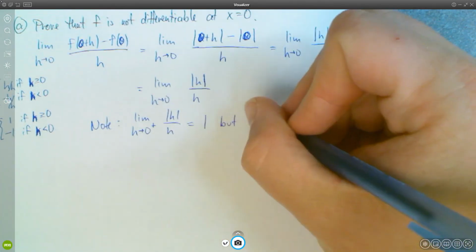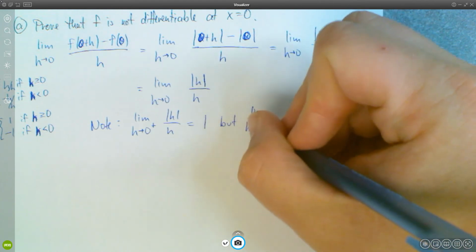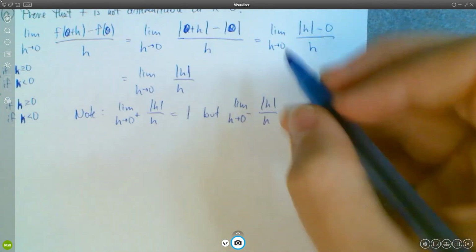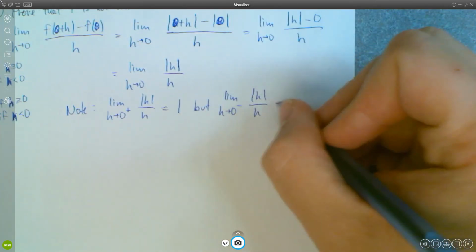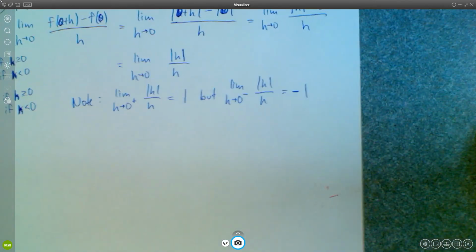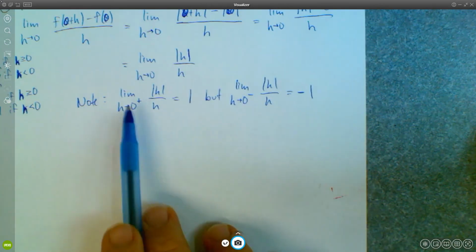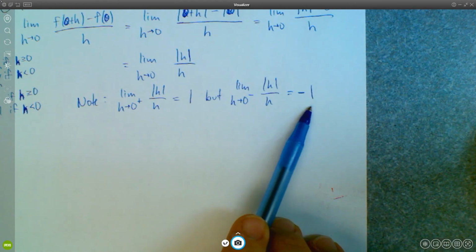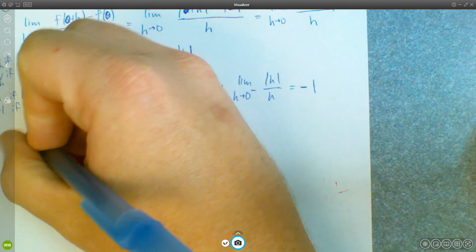But as we approach 0 from the left, this thing is going to negative 1.